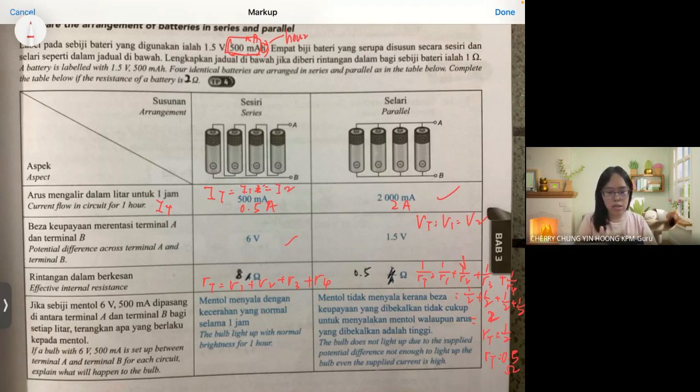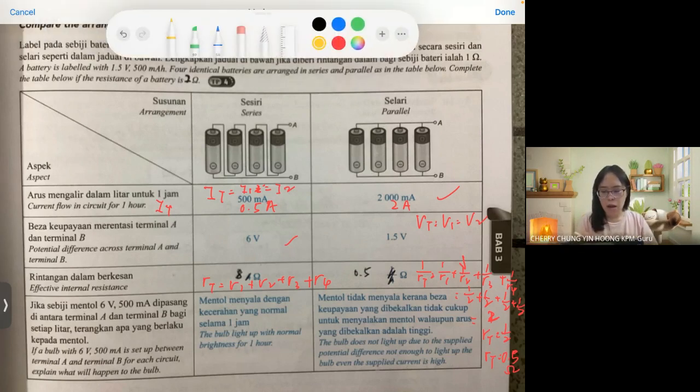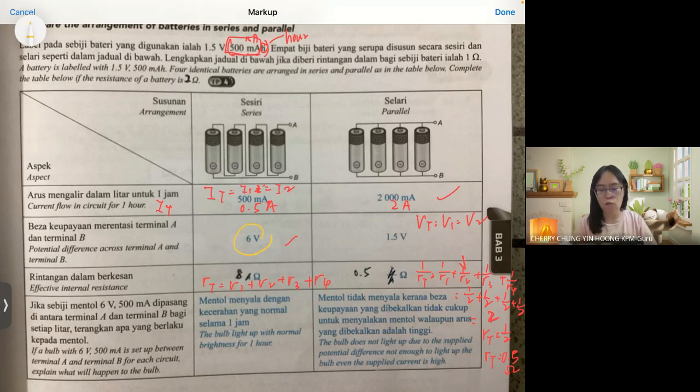For the series circuit, the total voltage supplied is 6 volt. Your bulb is 6 volt, can it light up? It can light up with a normal brightness, because it has enough voltage.